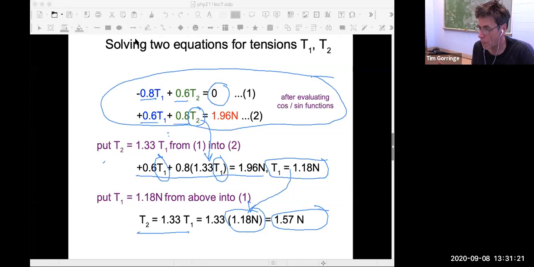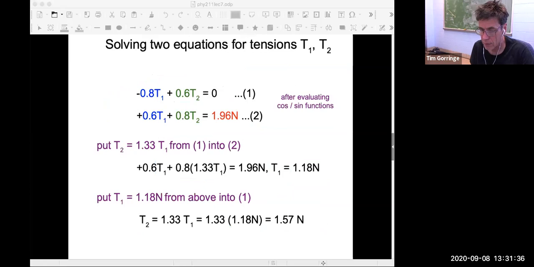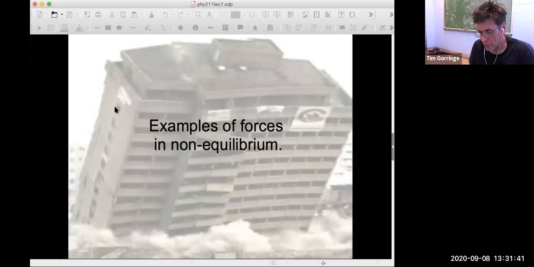And I want to look at, in the last 15 minutes, one example of a non-equilibrium. And then we'll continue the story of non-equilibrium in the next class. So here's an example of non-equilibrium, this collapsing building. In this case, there are net forces acting on the building.